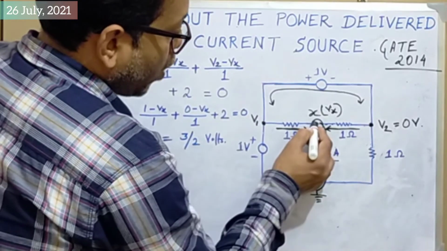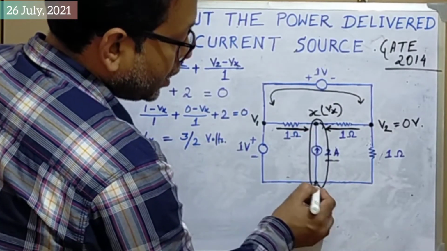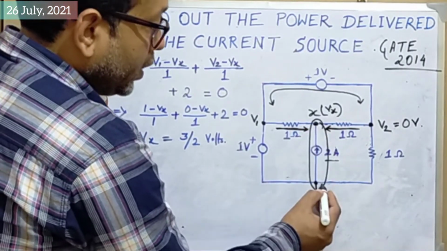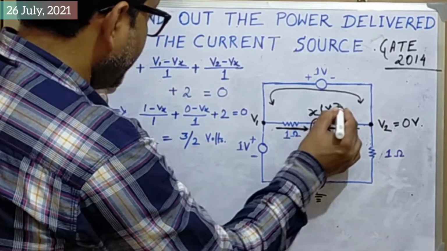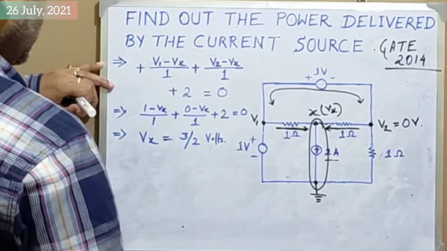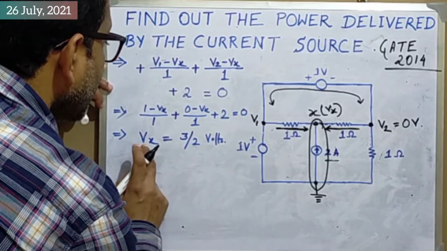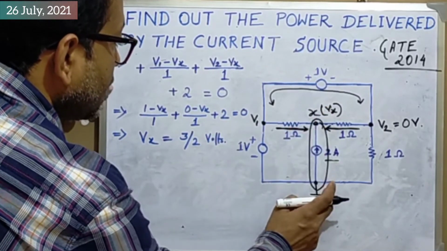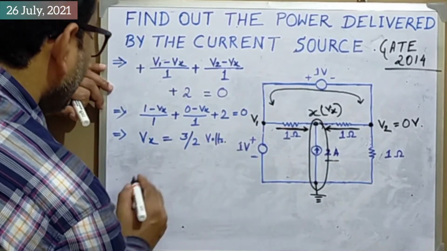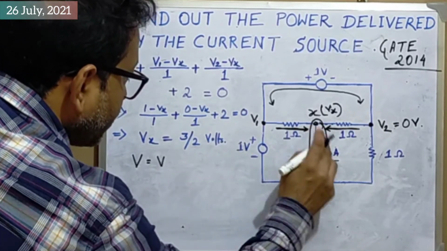So what will be the potential difference? That means Vx minus 0 is the potential difference for this particular branch. Here it is 0 and here it is Vx, that is derived as 3 by 2. So that is ultimately 3 by 2. So we get the voltage V equals Vx for this particular branch.